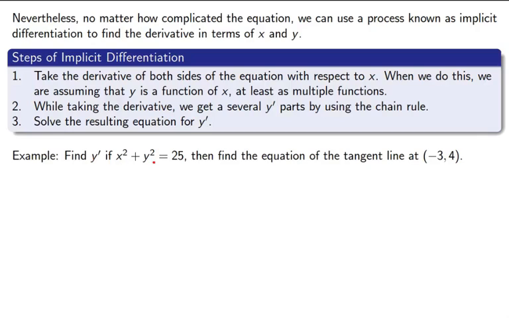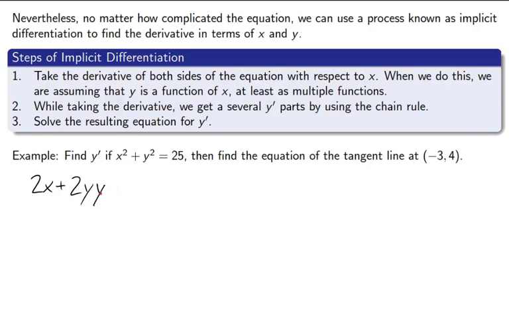We've got x squared plus y squared equals 25. We take the derivative with respect to x. With respect to x, x squared becomes 2x. Now think of y like we did in the previous section with the chain rule. Think of it as y is like my u. My outside is the square. So u squared would become 2u, but it's y this time.